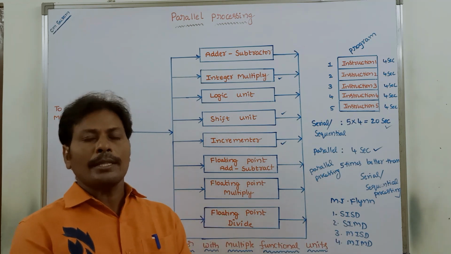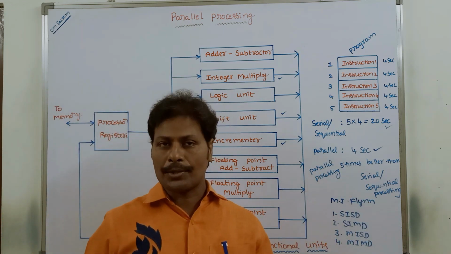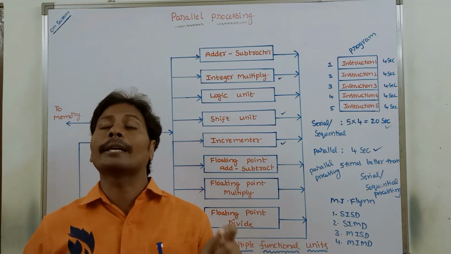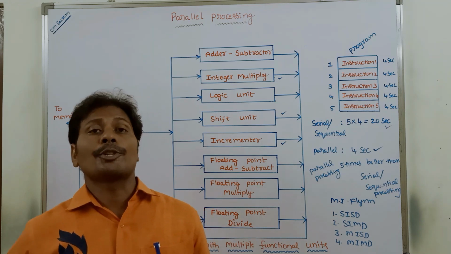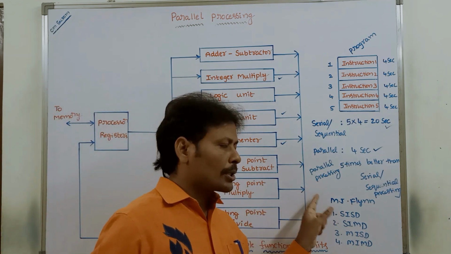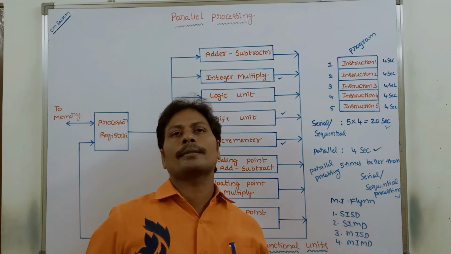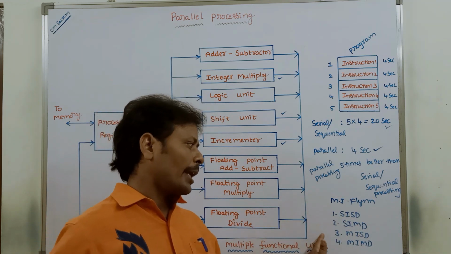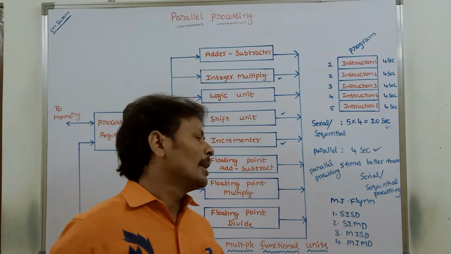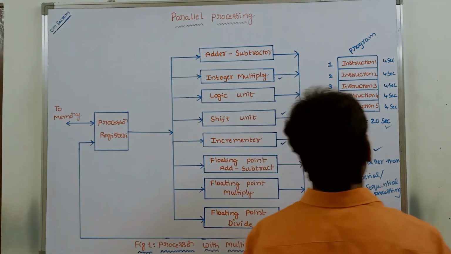Sequence of instructions read from the memory constitutes an instruction stream. Operations performed on the data stored in the registers constitute a data stream. Based on the instruction stream and the data stream, MJ Flynn classifies the computers into 4 categories. First one is SISD, second one is SIMD, third one is MISD, and fourth one is MIMD.